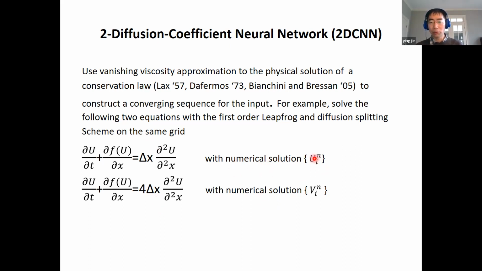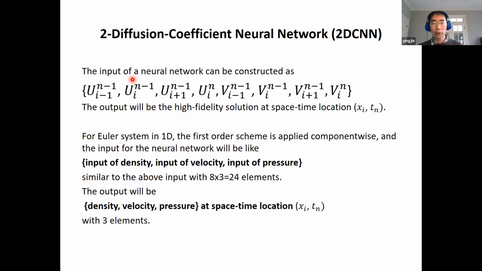So we compute the 2 equations with the same numerical scheme and obtain the solutions capital U and capital V on the same grid. Now we don't use two grids, only 2 diffusion coefficients. Then you can line up the 2 numerical solutions from the domain of dependence, and this will be used as input. The output will be a single solution at the tip of the pyramid, the domain of dependence.